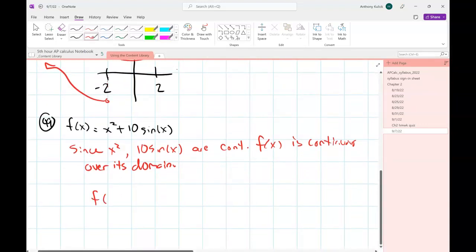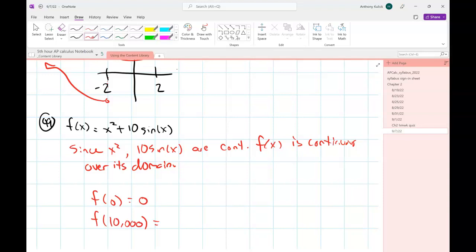So I'll start with f of 0, because that's really easy to see that it's 0. And then if I do f of 10,000, I don't know what it is, but it's going to be greater than 1,000, right? That may be a tad of overkill.